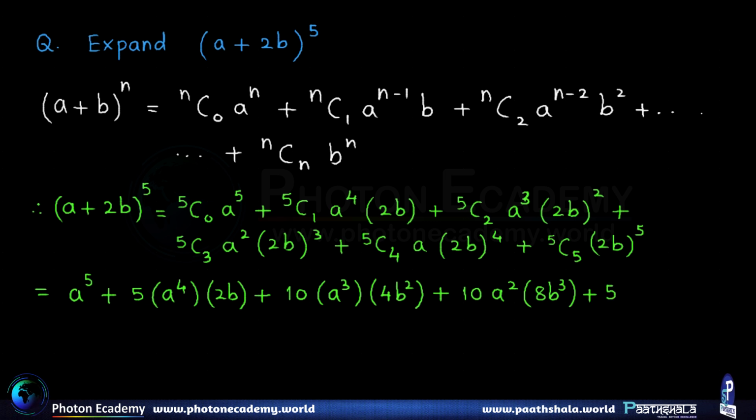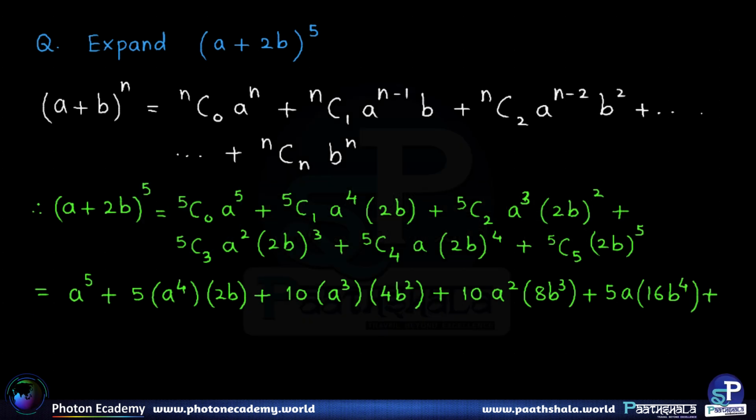We have a into (2b) raised to 4, so that will be 16 into b raised to 4, and lastly since 5C5 is 1, so (2b) whole raised to 5 will be 32b raised to 5.